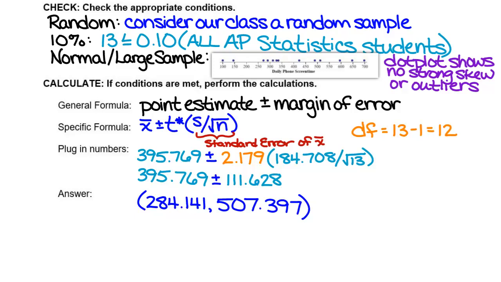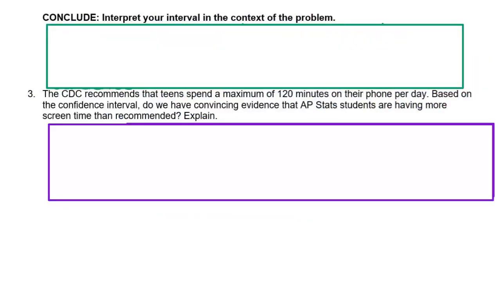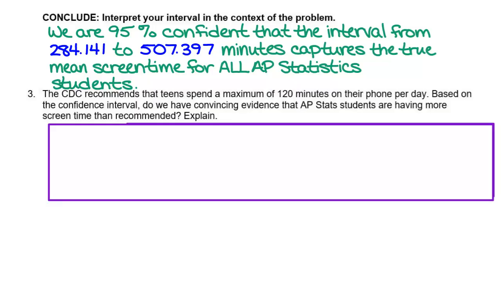So sorry. That the interval from 284.141 to 507.397 minutes captures the true proportion of, or sorry, not true proportion, but true mean of what? Yep, of screen time for all AP Stats students.